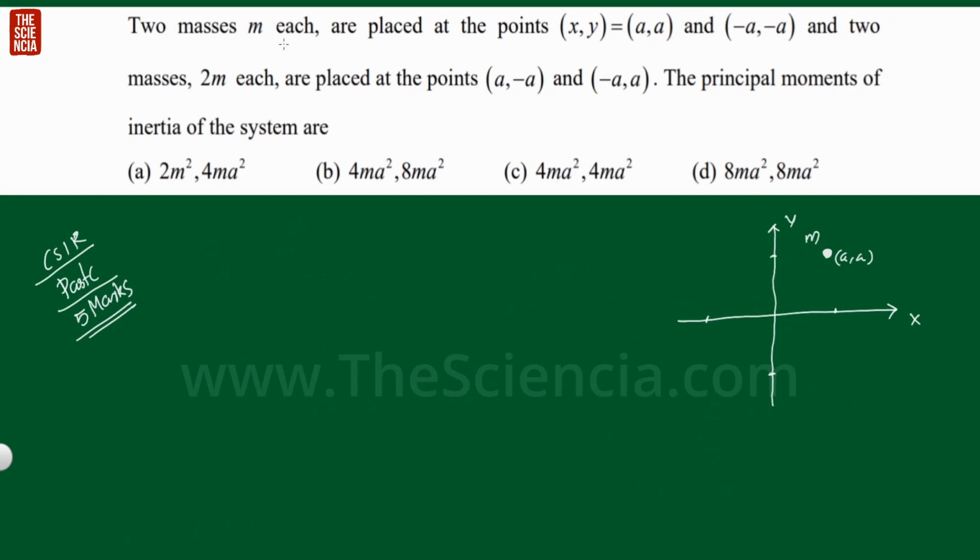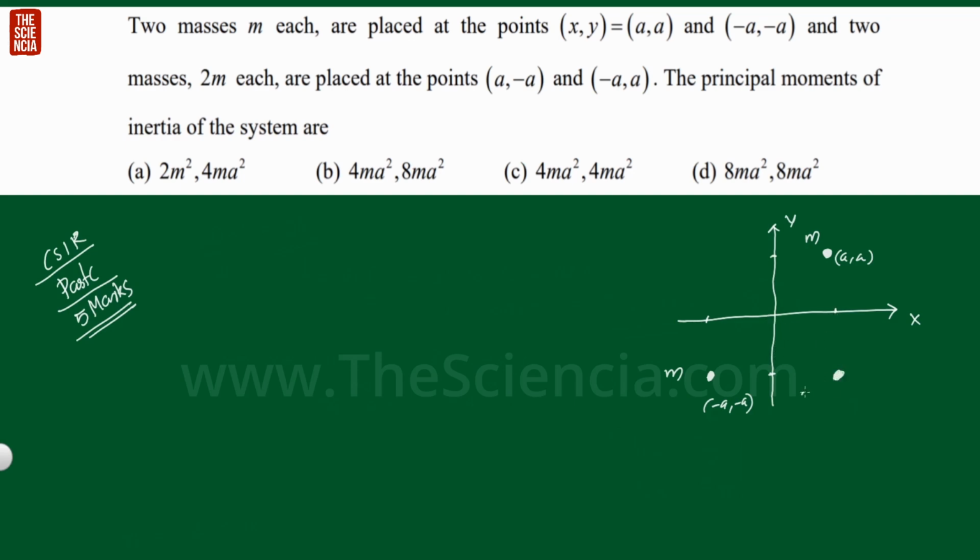And another particle, another mass m, I am going to place at (-a, -a) here. This is my other particle of mass m at (-a, -a). Now 2m at (a, -a). What is (a, -a)? Here x is a, y is -a.